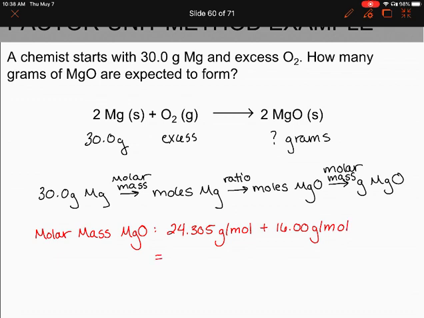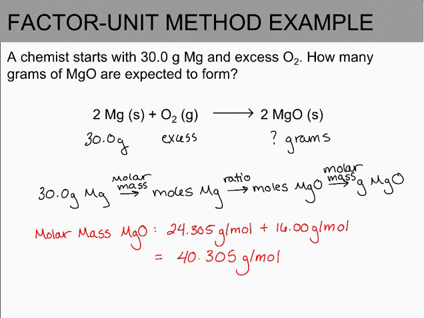Adding those together, the molar mass of magnesium oxide is 40.305 grams per mole. For the molar mass of magnesium, we already saw that it is 24.305 grams per mole. And then the ratio will just be 2 to 2, or 1 to 1 if we simplify it.